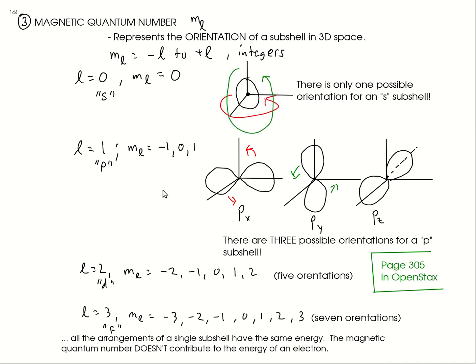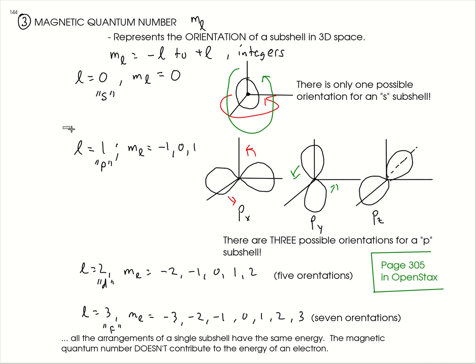When the shapes start getting more complicated, though, you can have different orientations. As you saw in that picture from OpenStax, they actually do three different looking P subshells. They drew one like this that was facing horizontal. They had one vertical, and they had one kind of going in and out.